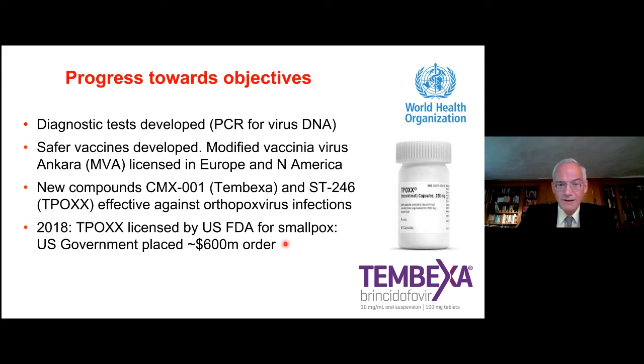Why would you? And it was the first time that a drug for use in humans had been licensed based upon efficacy data that derived only from animals. Well, this year, a second drug, Tembexa, was licensed, and so there are now two drugs that act at different places in the virus life cycle.